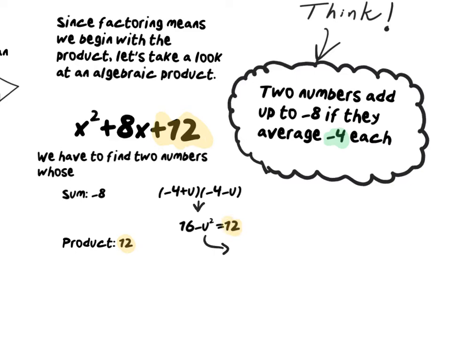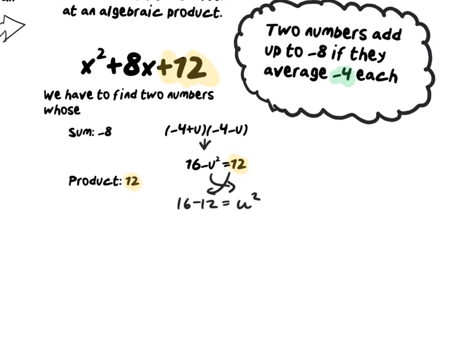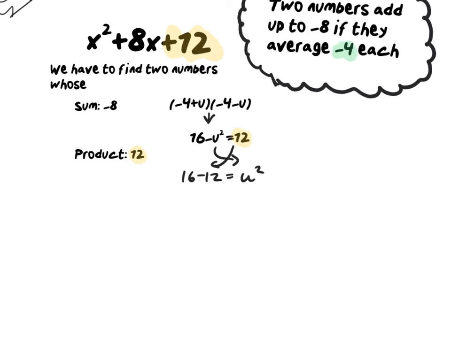Through some algebra steps, we add u squared onto the other side of the equal sign and subtract 12 on the other side. Now I have 16 minus 12 is equal to u squared, and 16 minus 12 is 4.